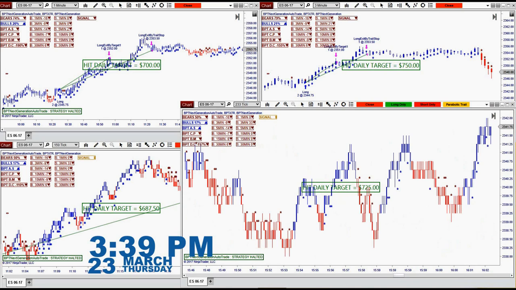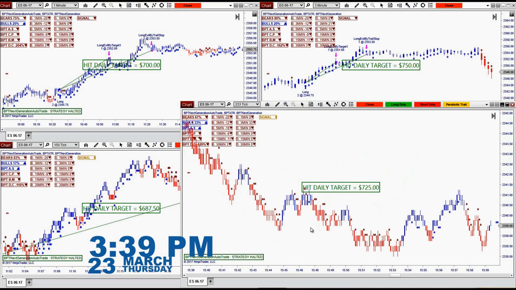Another thing also, on the top of the button here, you can use parabolic, and there is also an advanced trading option: if you have a losing trade, you can take a reversal trade.